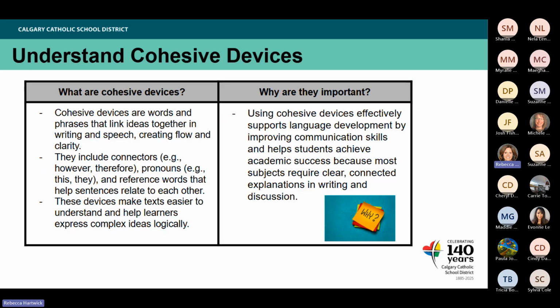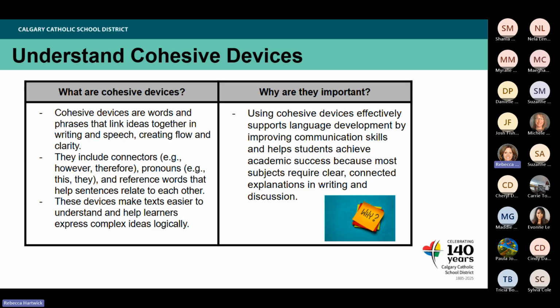I also wanted to point out that we want to have high rigor for all of our students, including EAL students. In order to participate in high academic rigor in school, students need a good understanding of cohesive devices, how to speak using them, and how to communicate in their writing using them.